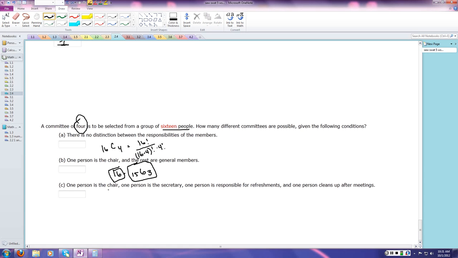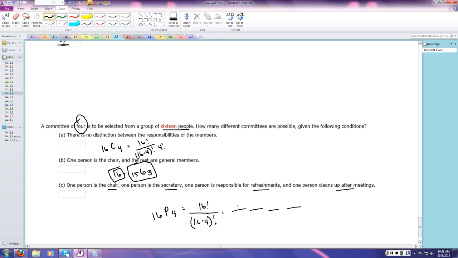If one person's the chair, one person's the secretary, one person's responsible for freshmen, and one person's responsible for cleaning up, then this is really a permutation. I take 16 permutation 4, which is going to be 16 factorial over 16 minus 4 factorial. So you can think of this as 16 times 15 times 14 times 13, right?